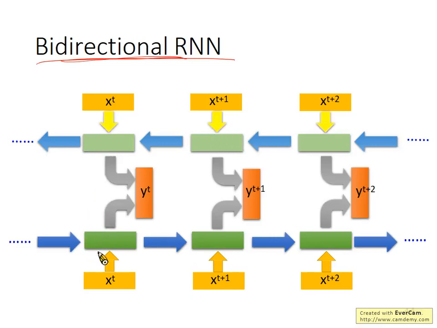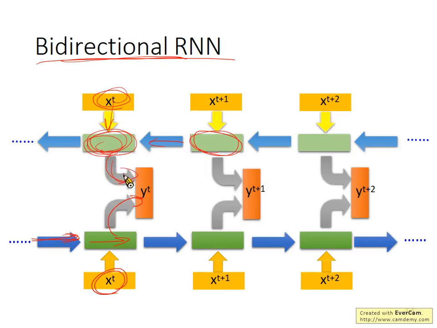So given the input xt, this hidden layer will consider the previous memory and then output. We can also input this word into another hidden layer, which considers the information from the memory derived from the following words, and then makes output.